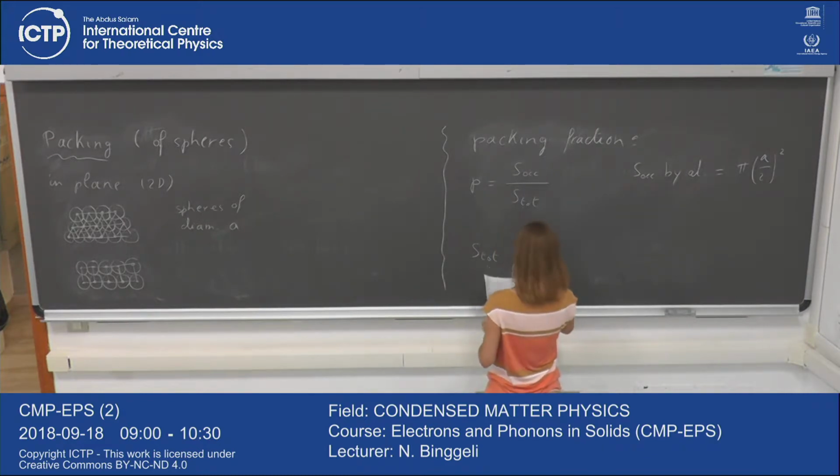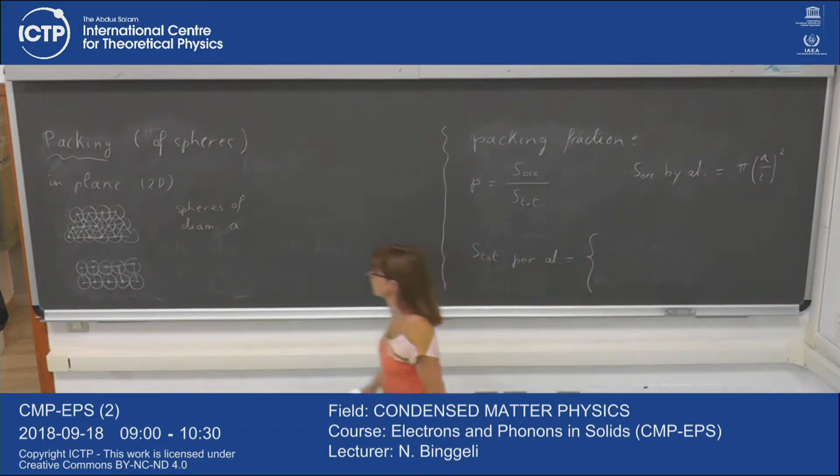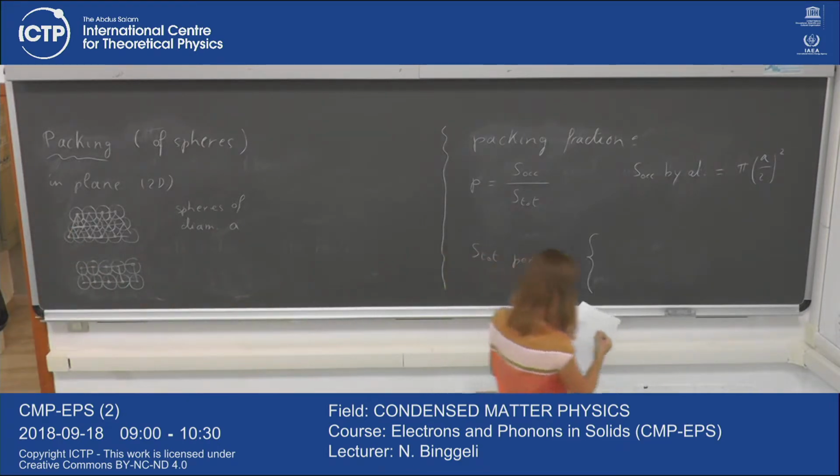So the total surface per atom in the triangular lattice is just the surface of this diamond, or this length, which is A, times this height, which is square root of 3 divided by 2 A, because from Pythagoras one can get this height.